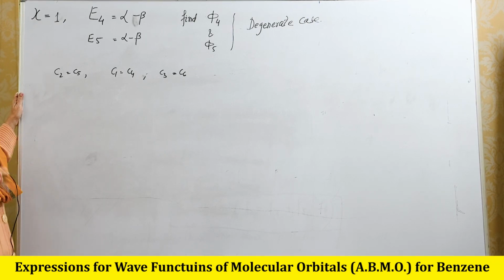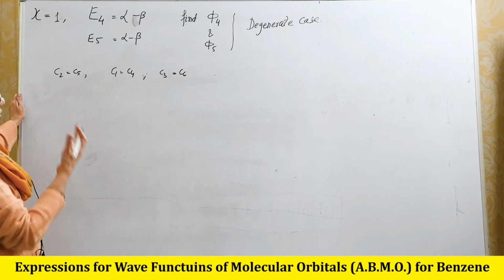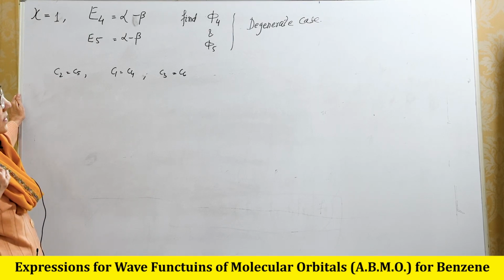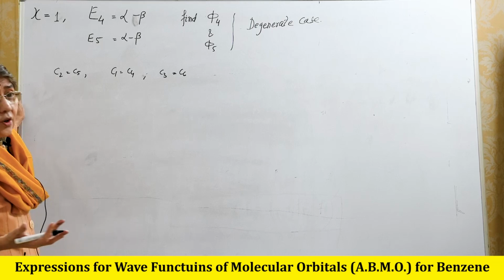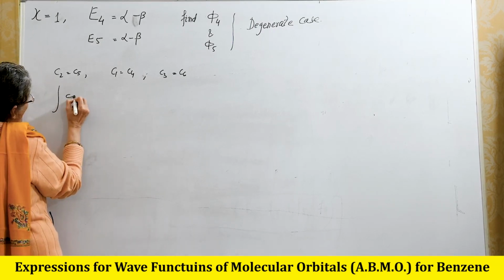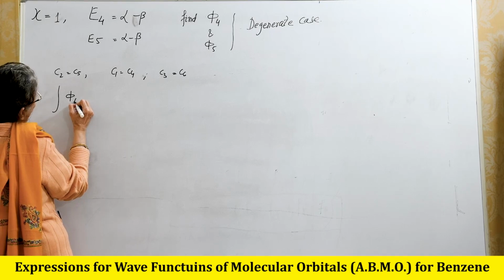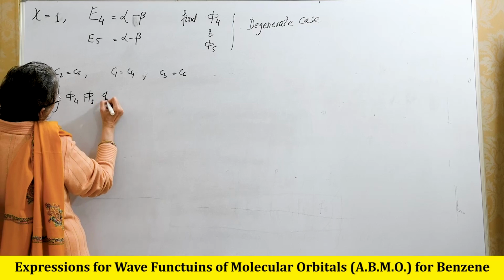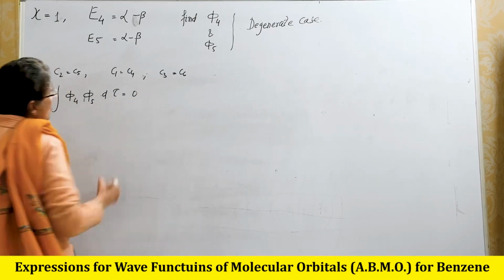So for calculating the coefficients, we will take the condition of orthogonality. The orthogonality condition is the integral of phi 4 phi 5 d tau should be equal to 0.